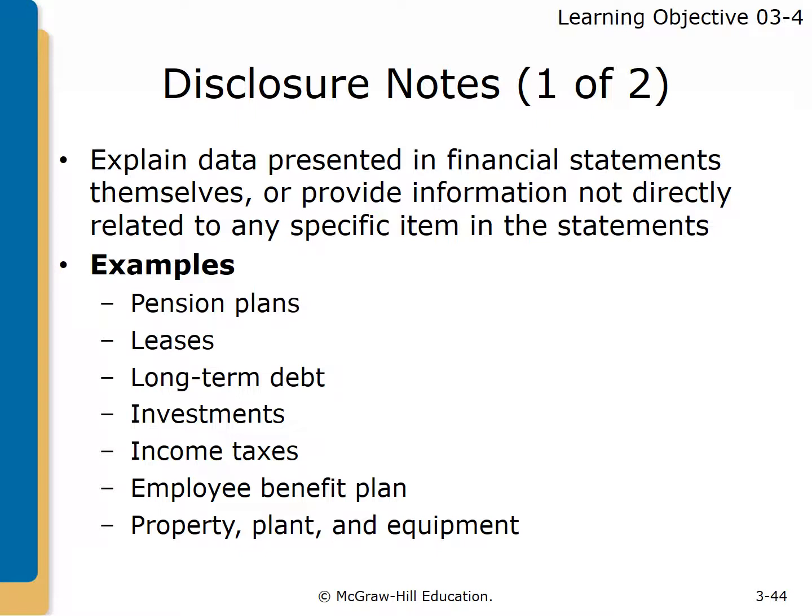So what are we expected to pay over the next 5 years? In a disclosure note, you're going to see a lot of that stuff. Investments: we give detailed information about what we own, what they cost, what their fair value is, and how we figured out any unrealized gain or loss on them. We also explain how we computed income taxes, our employee benefit plan, how we came up with the amount for property, plant, and equipment, and how we depreciate them. So there's a lot of information we must provide beyond the 4 or 5 financial statements.